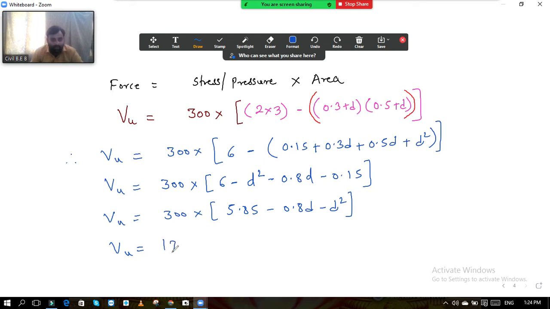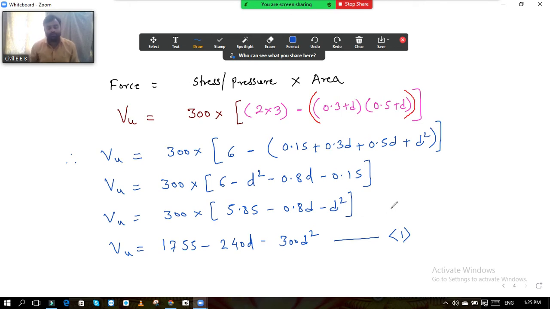Minus again 300 into 0.8, how much is it? 240. So this is 240d minus 300d square. This will become our equation number 1.